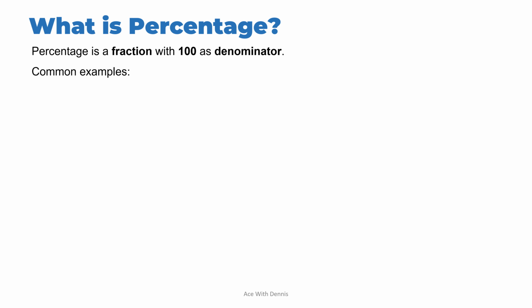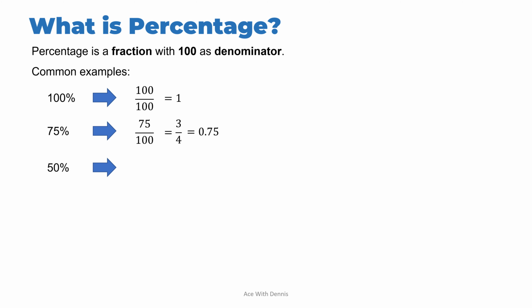Here are a few common examples. 100%, which means 100 over 100, which is 1. 75%, which means 75 over 100, or equals 3/4, or 0.75 in decimal. 50%, which means 50 over 100, or equals half, or 0.5. 25%, which means 25 over 100, equals 1/4, or 0.25.